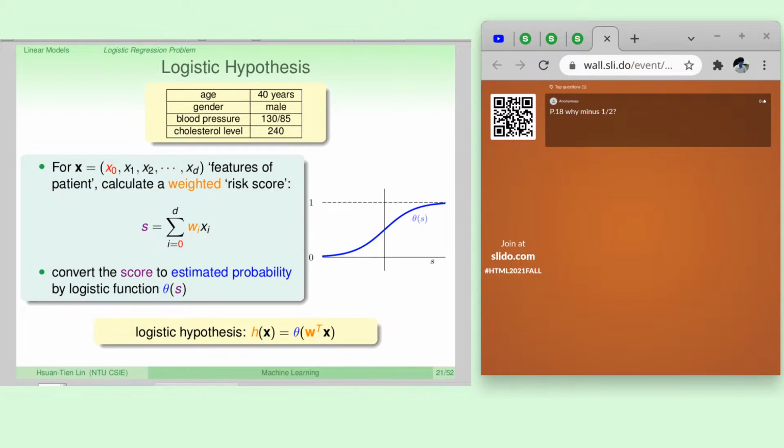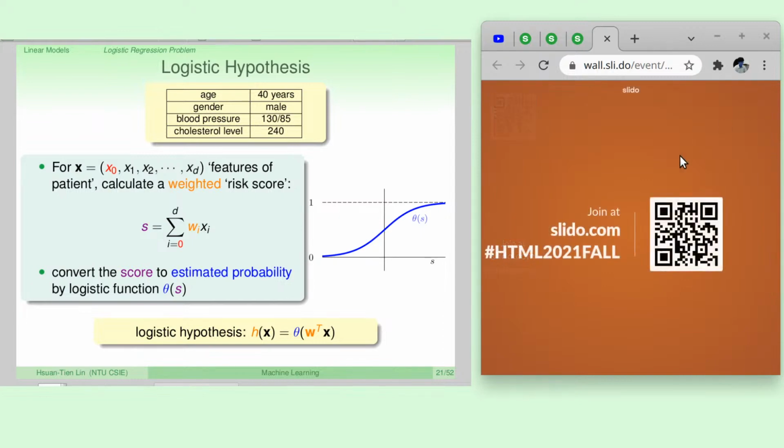Now I flip the coin once and let you guess. What's the most probable outcome of the coin? What's the most errorless outcome of the prediction? You would say head, because you know that the coin is biased and you can just decide the most probable outcome by comparing the probability value with a half.